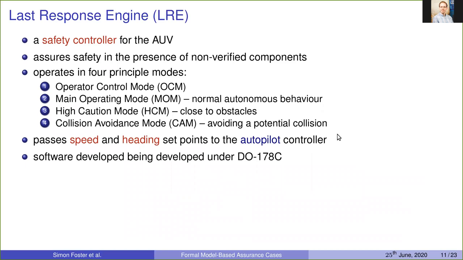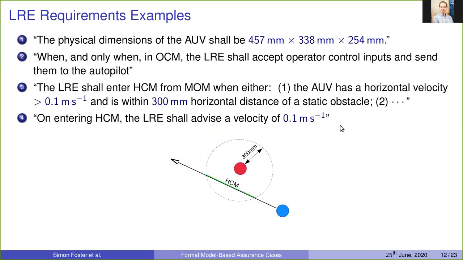Well, if it's not under operator control, then what it will do is it will look for the next waypoint and set a speed and heading set point, which will pass on to another component called the autopilot that actually drives the actuators and would be represented by something like a PID controller. The software for the LRE is being developed under DO178C, and so it's very important to be able to show that we can satisfy the safety objectives and safety requirements.